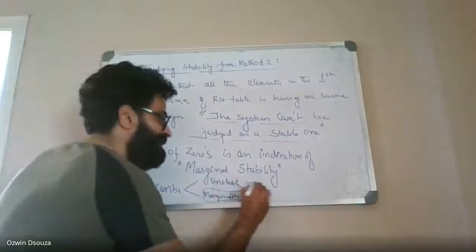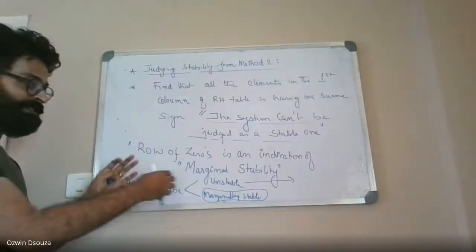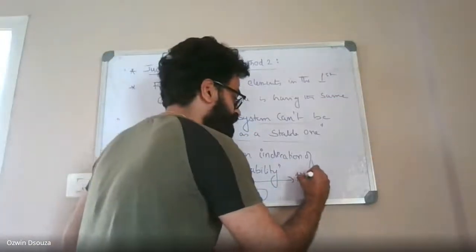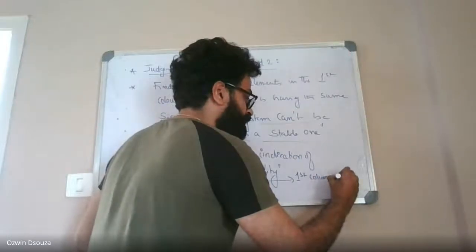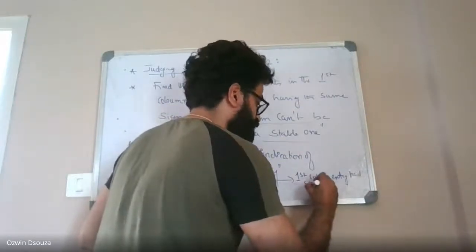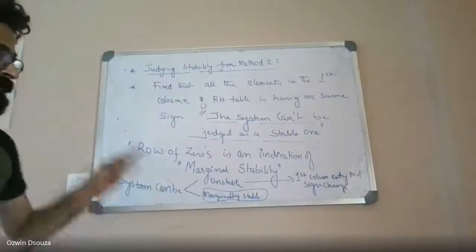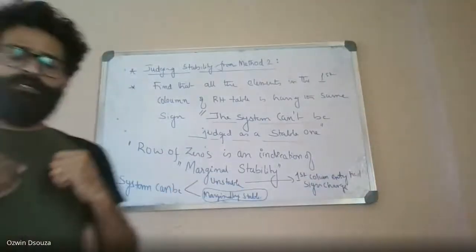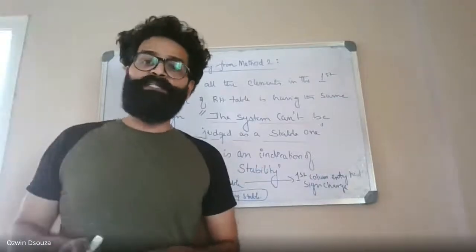Now the question is, how do we judge the marginal stability? Because instability is pretty easy to judge. How will you judge whether the system is unstable? If the first column entry had a sign change, then you could outright say that the system is unstable because there is a sign change in the first column.